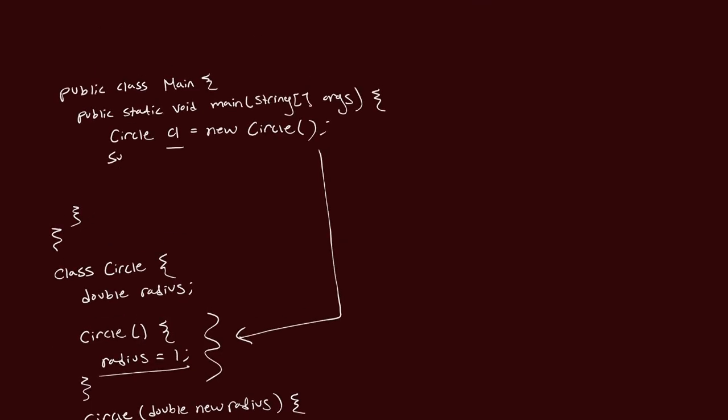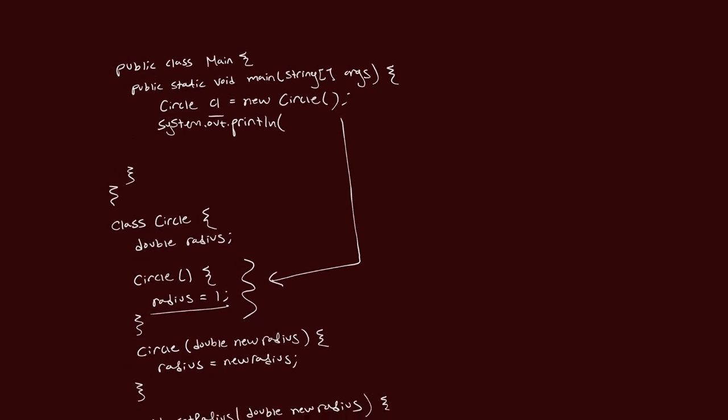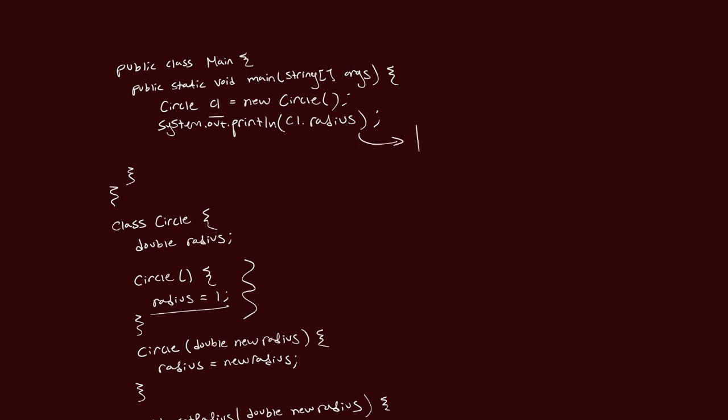So if you do System.out.println, and let's say we want to see the radius of c1, what we do is c1.radius. Okay, and then this would display 1.